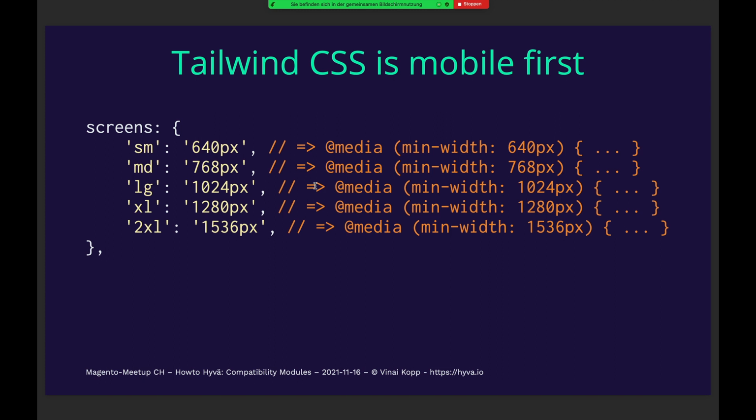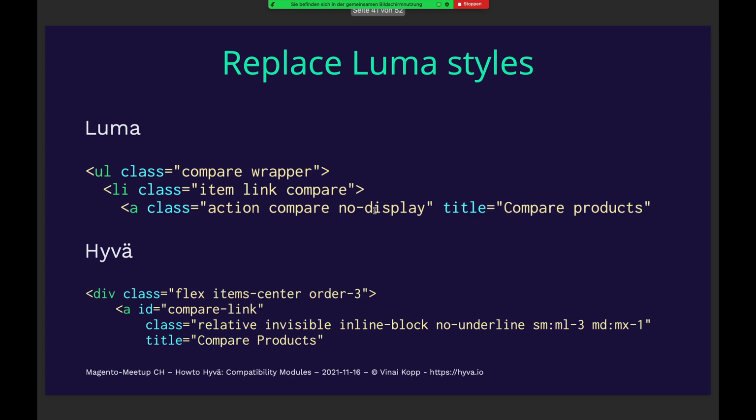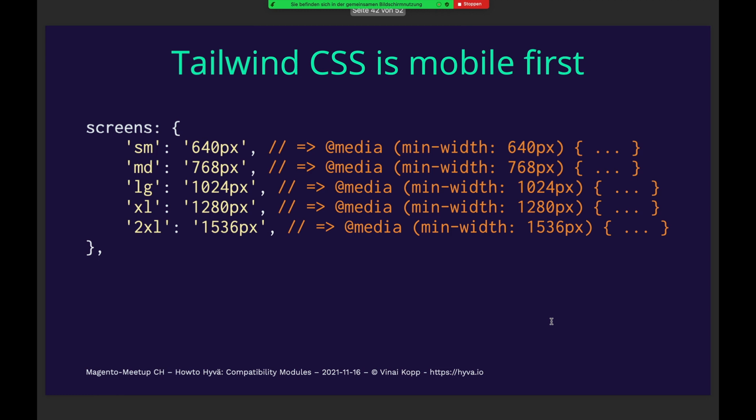There's a configuration file called tailwind.config.js, and in there we can configure these breakpoints and selectors, like small, medium, large, extra large, 2XL, and they translate to media queries that are used in the CSS styles, and then I can prefix classes like margin-left-3. If I prefix that with an sm tag, for example, small, that would mean it would be placed within a media query in the generated CSS that would match any 640 pixel wide or wider screen.